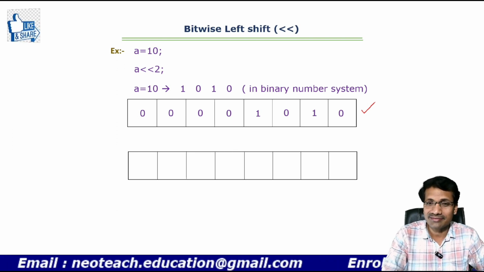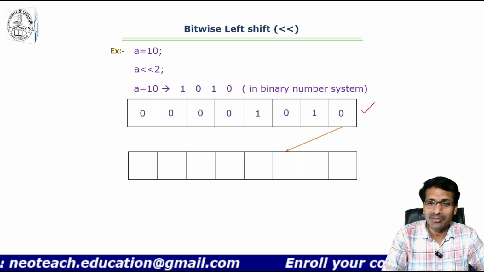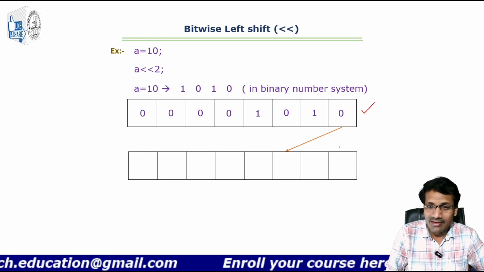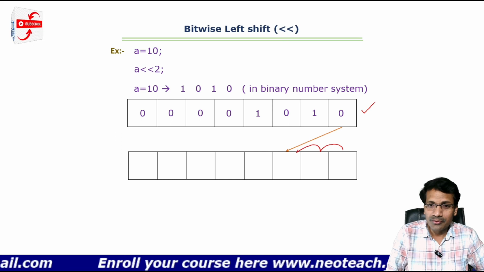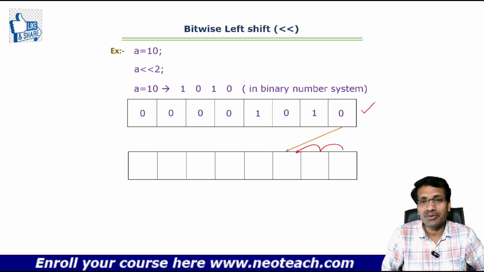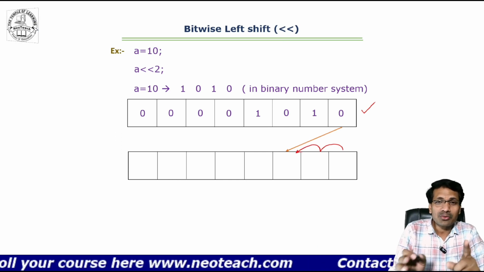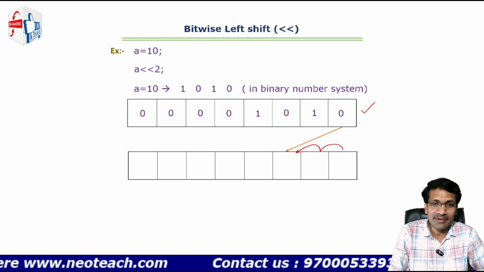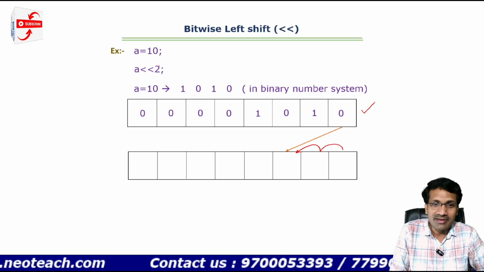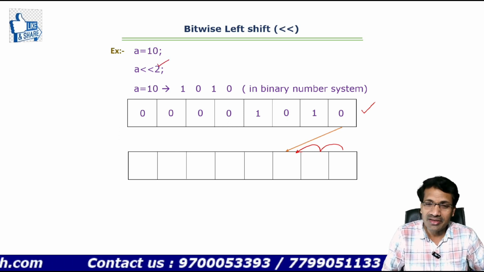Remember, whenever you perform a left shift operation, you start shifting from the right side. So you move that 0 to the left side. We are shifting 2 positions towards the left, and that is called a left shift. As much as we specified, that many positions. Here 2 is given, so we shift 2 positions.